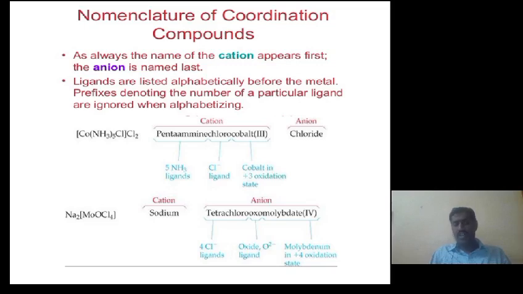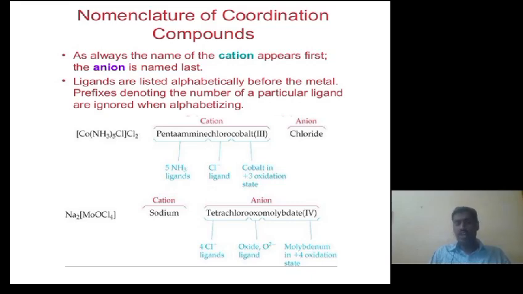So for example, here are two examples. One is an anionic sphere, another one is a cationic sphere. The cations you write first. So the first example, pentaamminechlorocobalt(III).